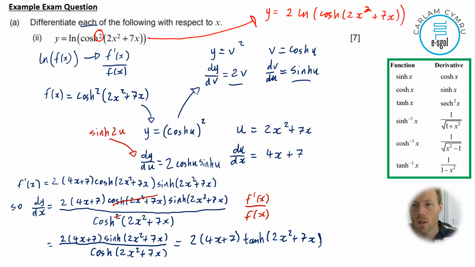If you try to differentiate that, that is a lot easier. Okay, both of those ways are acceptable. So that's a slightly more difficult question, differentiating a function involving hyperbolic cos.